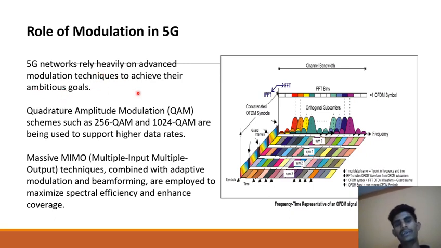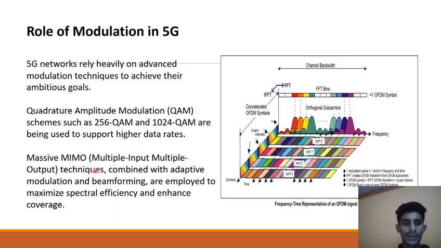And 5G networks rely heavily on advanced modulation techniques to achieve their ambitious goals. Quadrature amplitude modulation schemes such as 256 QAM and 1024 QAM are being used to support higher data rates.